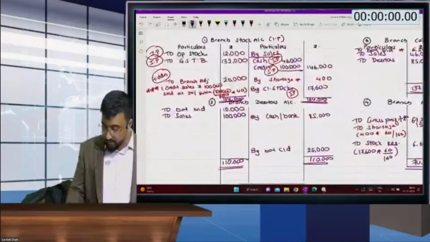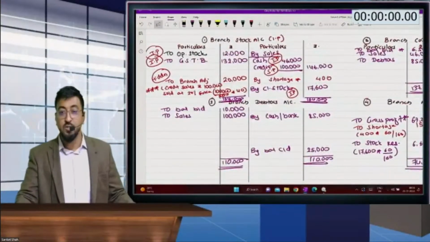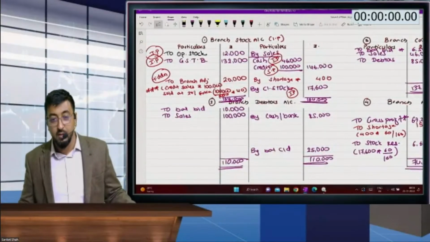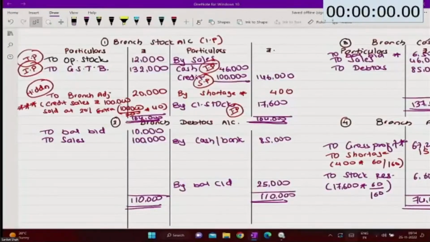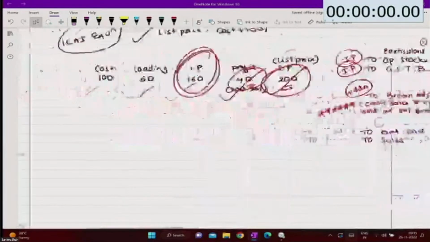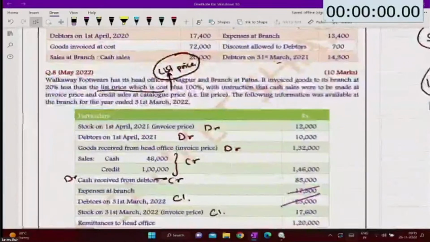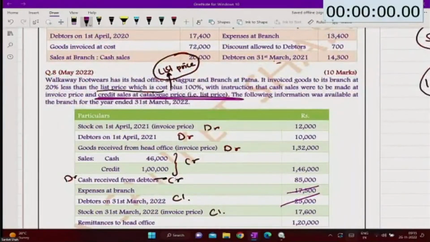Now you can take a screenshot. Most difficult question, I will tell you. May 22 question. Confusion, and many important concepts. Credit sales at list price is given in the question. Credit sales at list price, selling price, and cash sales at invoice price.